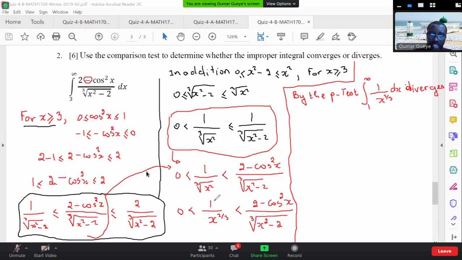And saying the integral of this function is divergent means the value of this integral is equal to positive infinity. If the value of this integral is positive infinity, the value of this integral cannot be equal to a number because there is no number greater than infinity. That's why this should be equal to infinity too.